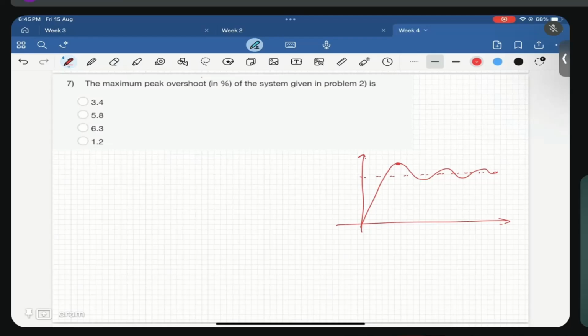Now this peak with respect to the steady state is this much, a, and you have to find out the maximum peak overshoot. It is generally given in percentage as y at t peak minus y at t infinity divided by y at t infinity, into 100%. So basically the value a divided by the steady state value.